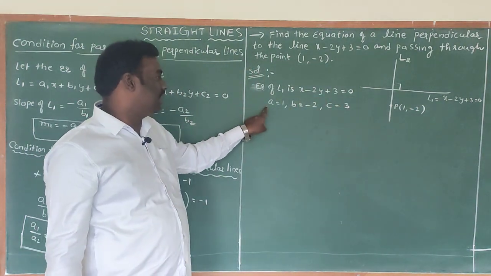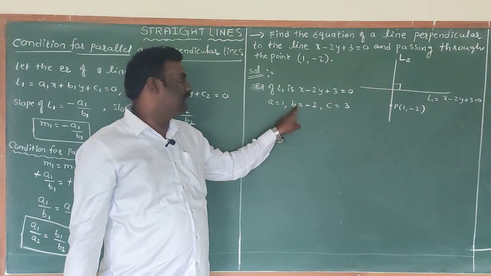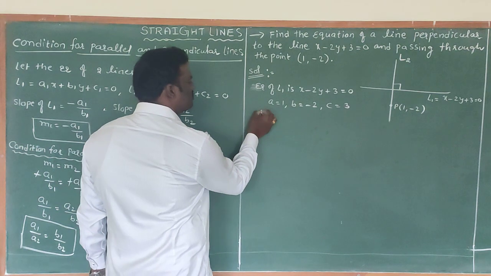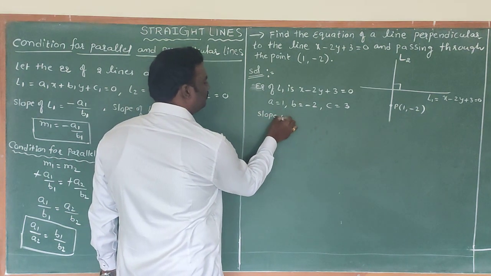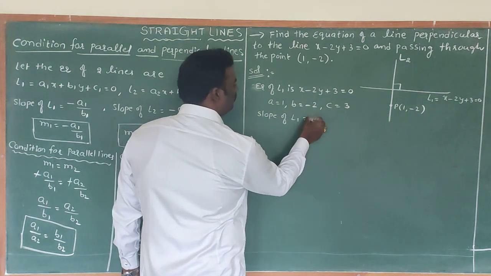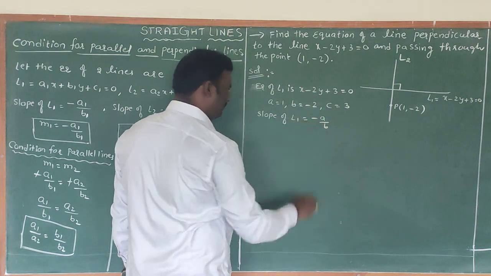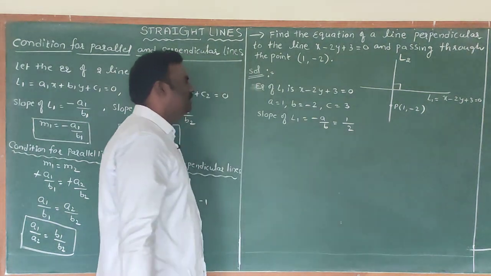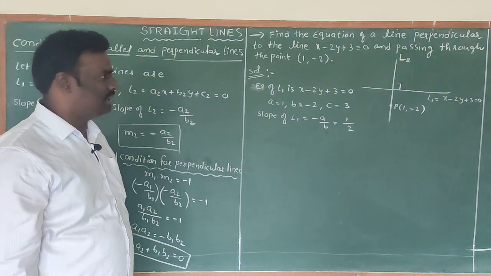Okay, a is nothing but x coefficient, b is nothing but y coefficient, c is nothing but the constant. Now I am finding the slope of L1. Slope formula minus a by b, that is nothing but minus 1 by minus 2, minus minus cancel, this is 1 by 2.